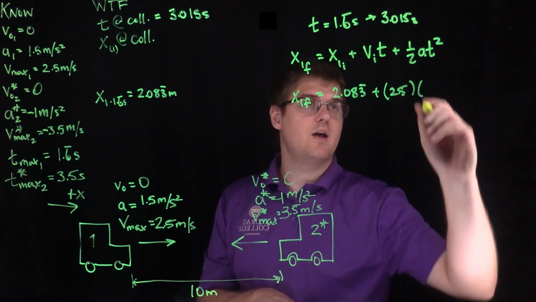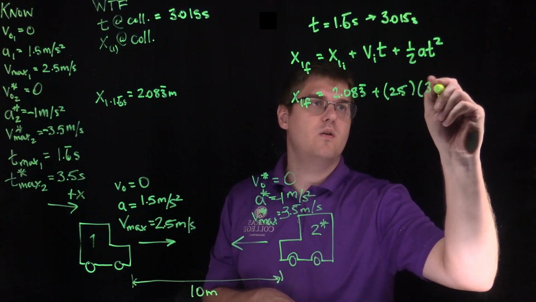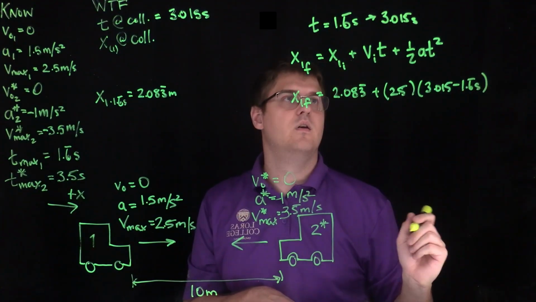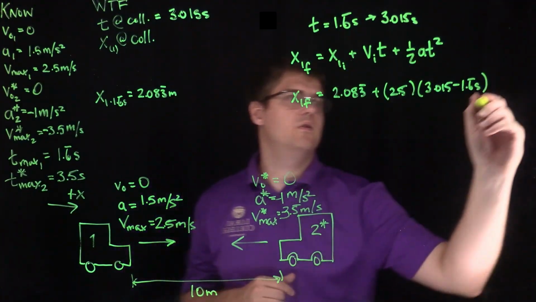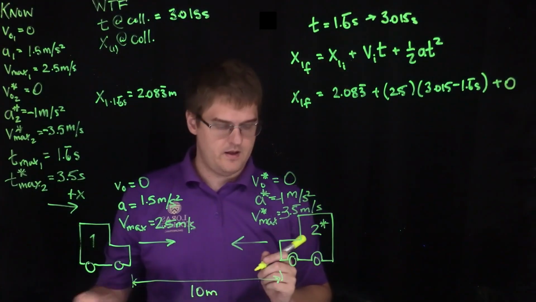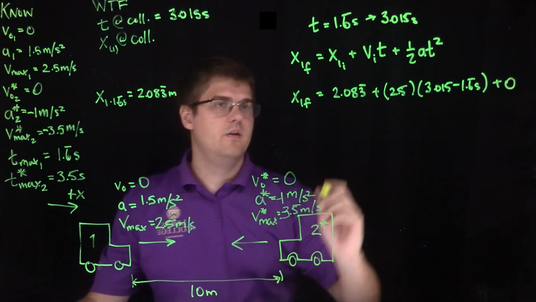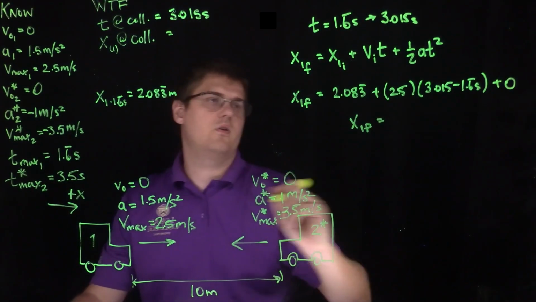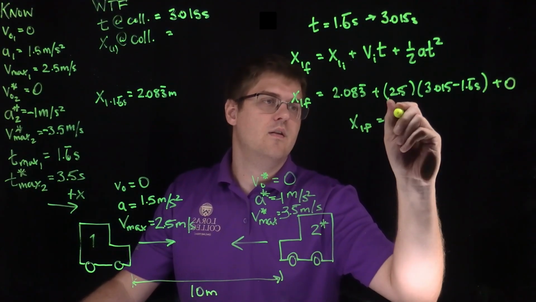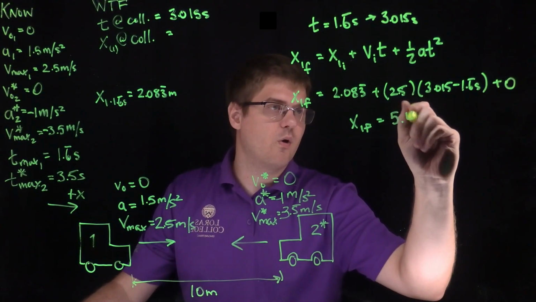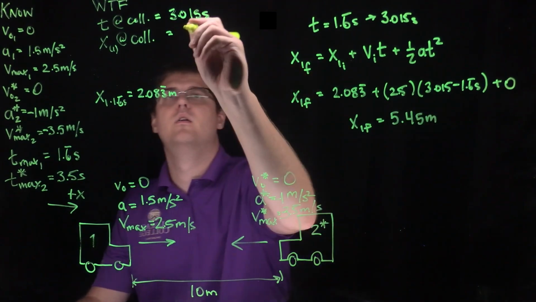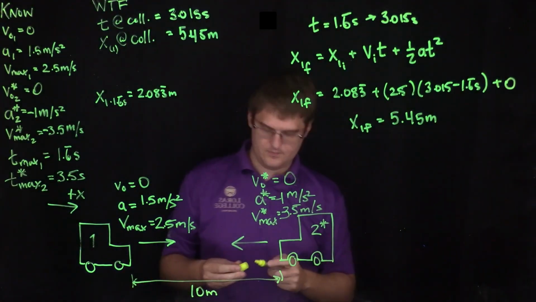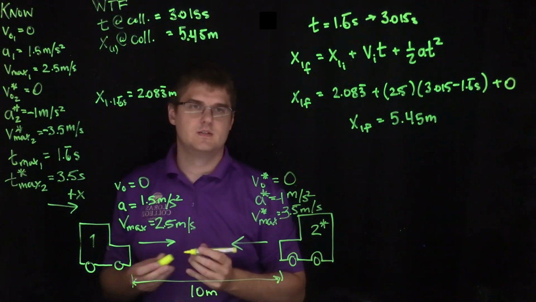And my time is the time between 3.015 and 1.6 repeated seconds. And then my acceleration is 0, so plus 0. I can plug all this in and say that x1 final, the point where this collision happens, is at 5.45 meters away. There is a decimal point there.